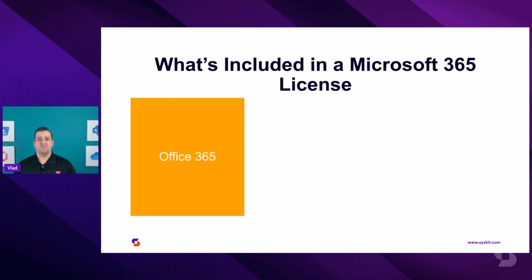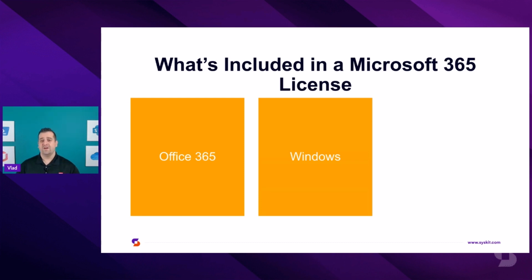In Microsoft 365, we also have Windows that we pay for. So probably you're going to be using Windows 11 right now, but I know a lot of companies are still using Windows 10. If you get a Microsoft 365 license, you have Windows included.